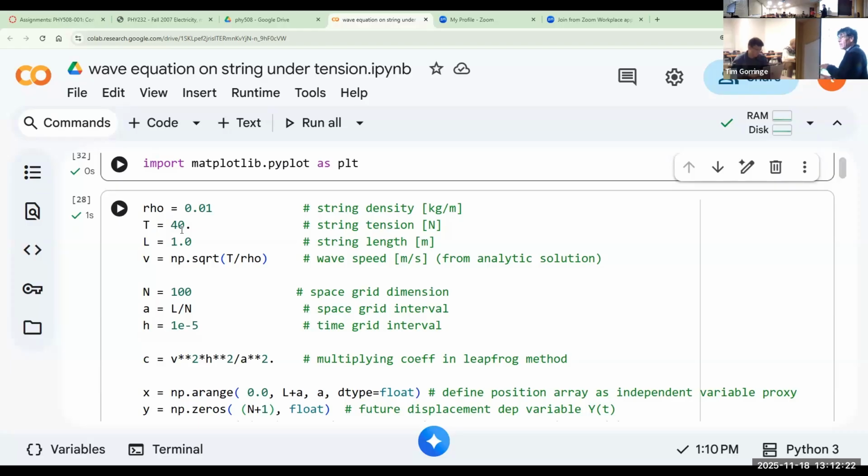These quantities have to obey the stability condition that I mentioned. It's a relationship between delta x, or in the language here a, your spatial increment, and delta t, in the language here h, the time increment. If I remember correctly, c delta t divided by delta x is going to be less than 1. That's the stability condition.